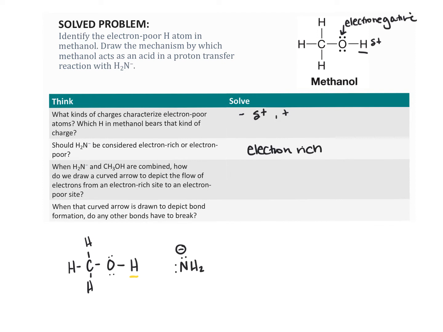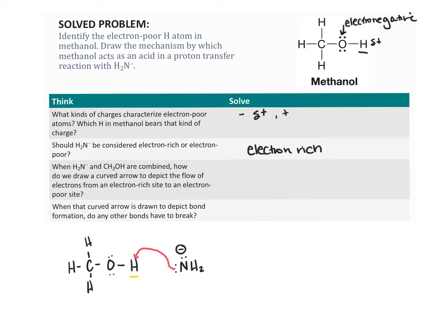Then what you need to consider is, when H2N minus and CH3OH are combined, how do we draw a curved arrow to depict the flow of electrons from an electron-rich site to an electron-poor site? We're going to draw a curved arrow from the electrons on nitrogen, because that's where the electron density is. We start where the electrons are, and go to that hydrogen.